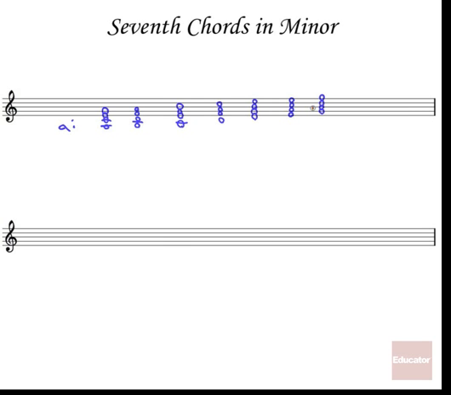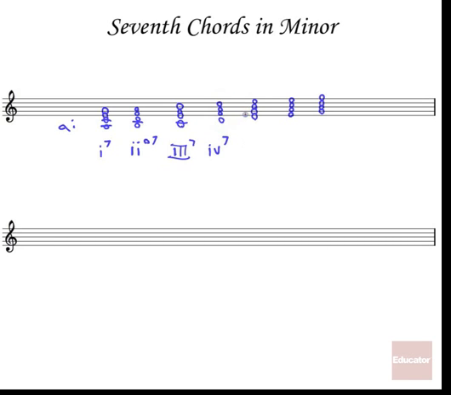So let's see. Of course, we have a minor 7th here on 1, and 2 is where the fully diminished 7th comes in. And then here we have a major 7th, and then a minor 7th here.